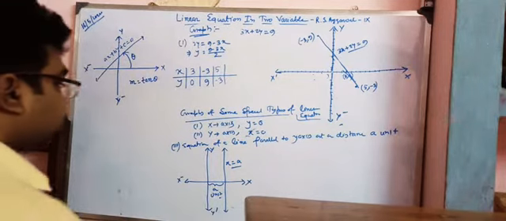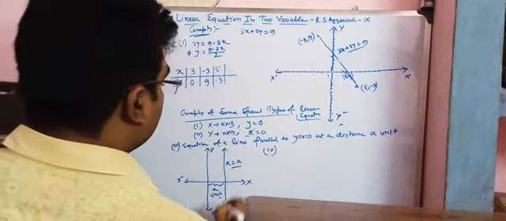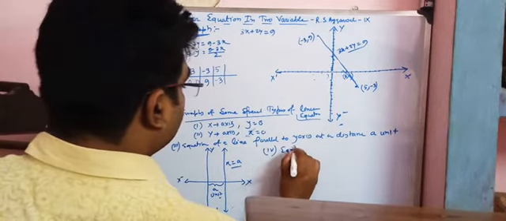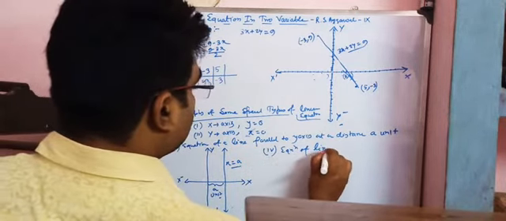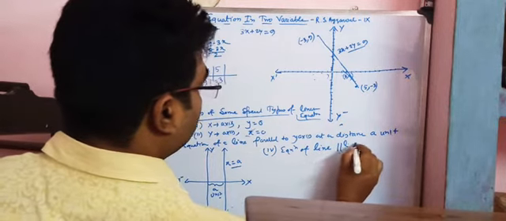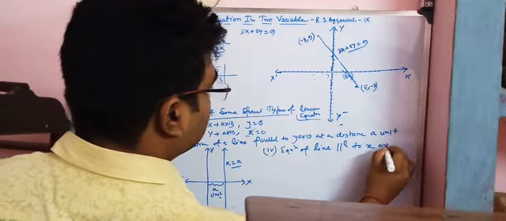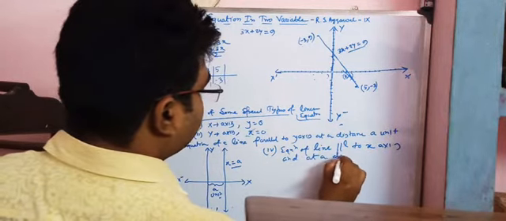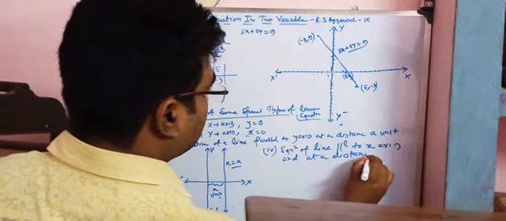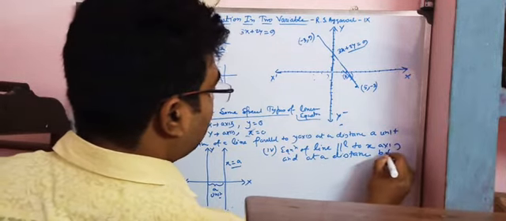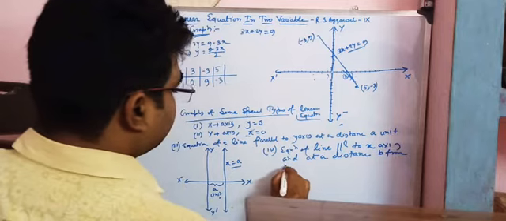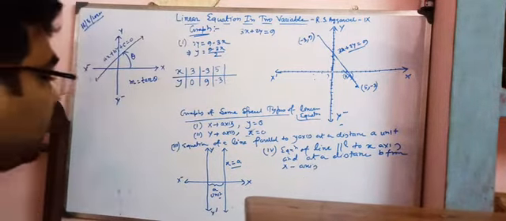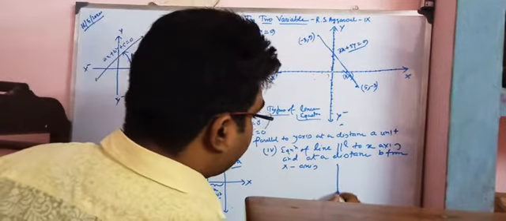Next, come to the fourth. Similarly, equation of a line parallel to x-axis and at a distance b from x-axis. So what should be the equation?